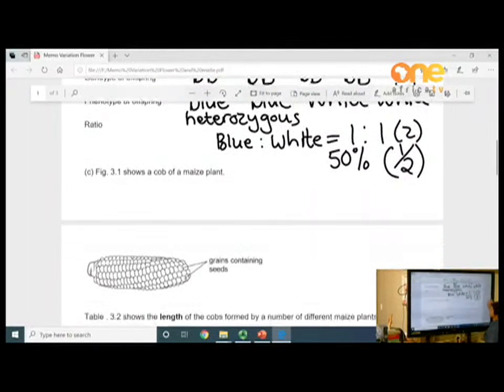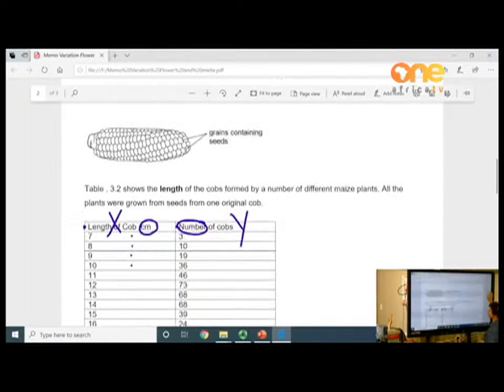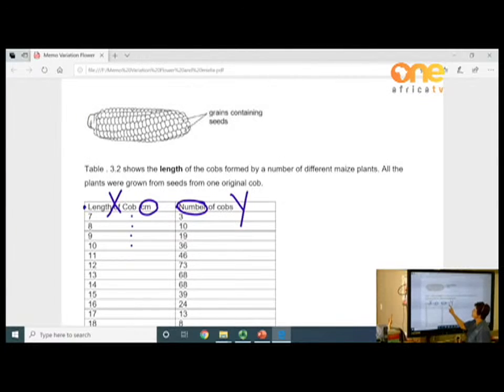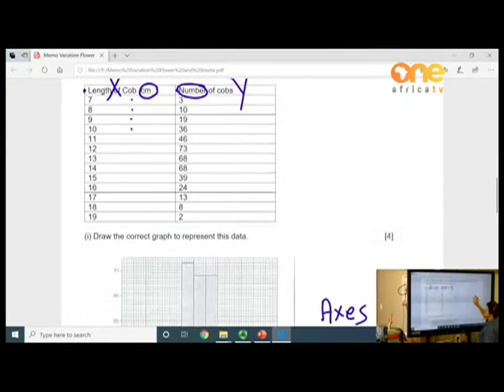Then we have the cup of a maize plant. And remember, when we draw a graph, this is X, this is Y. This is independent. We had a 7, a 8, a 9 cup. Then we count how many was there. That was 7 centimeters. 3 of the cups was 7 centimeters. 10 was 8 centimeters, right?